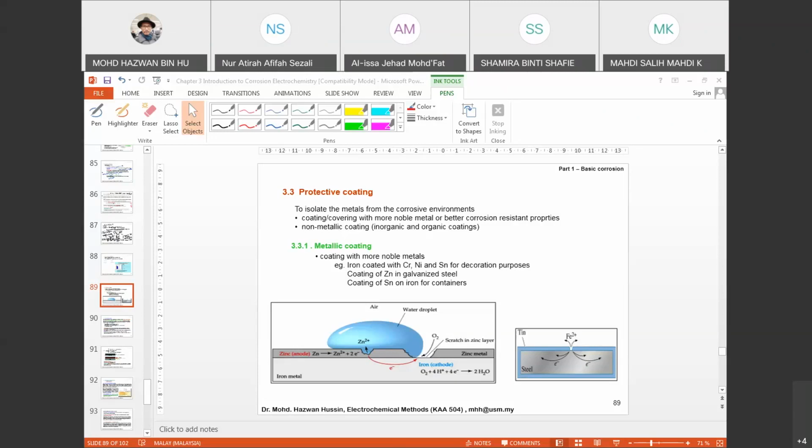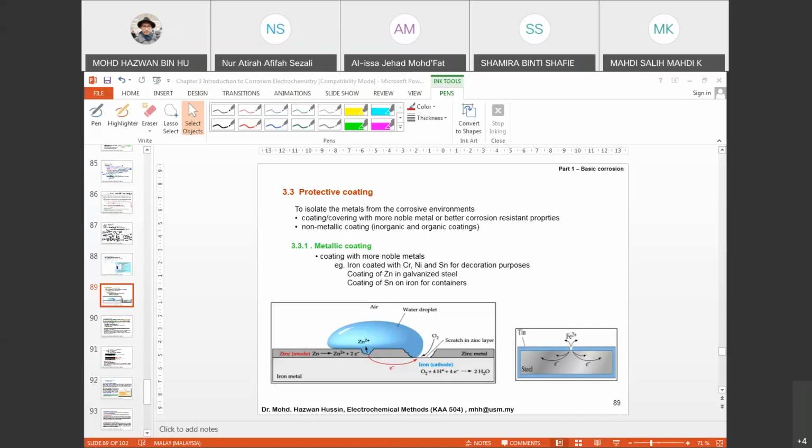Do we just dispose of them? Normally, dispose. We can consider it as metal scrap. But if the corrosion control method is not successful, then it means that the method used is not suitable. Then if you can find an alternative, you can try other types of corrosion control.